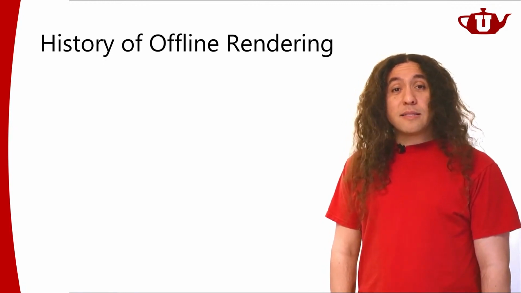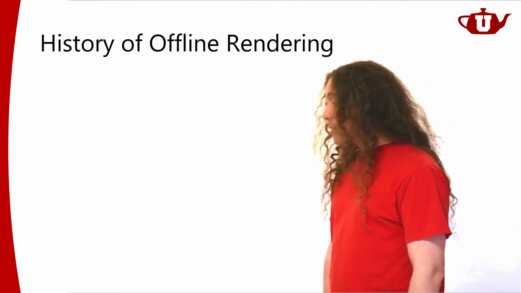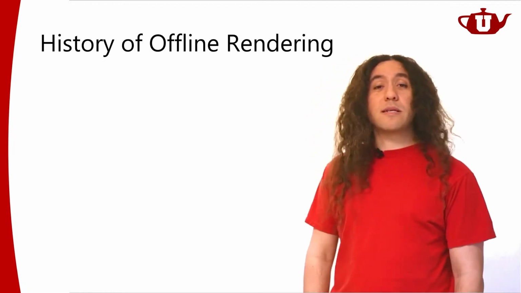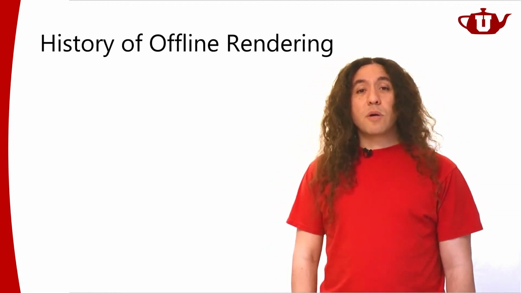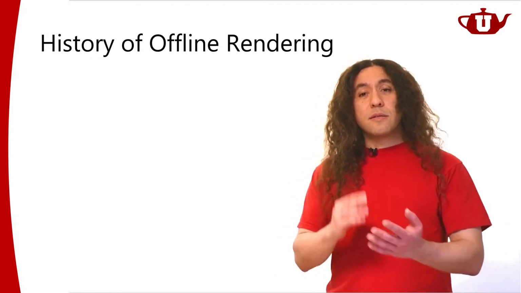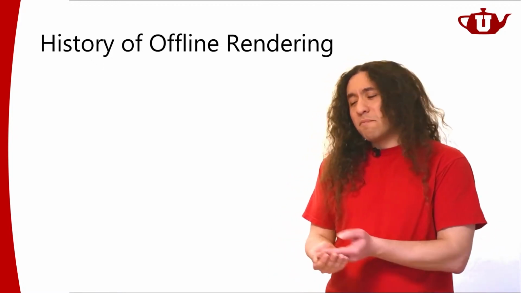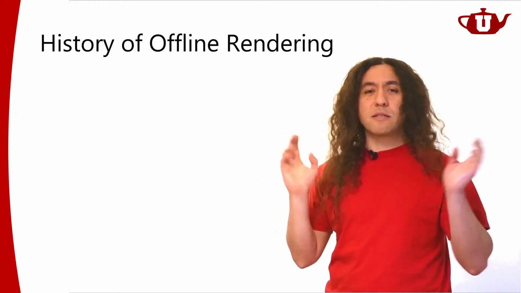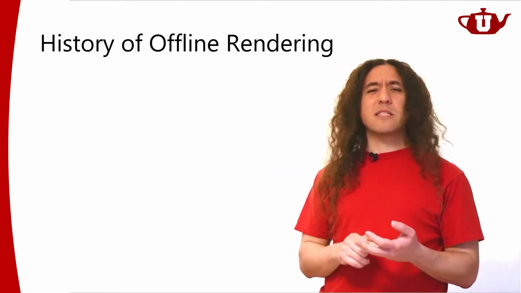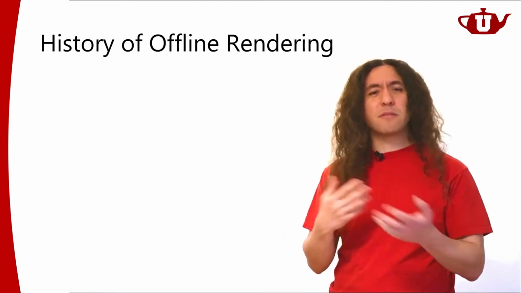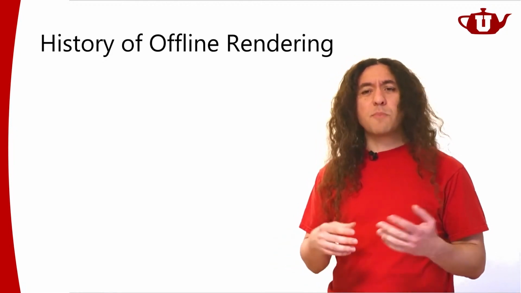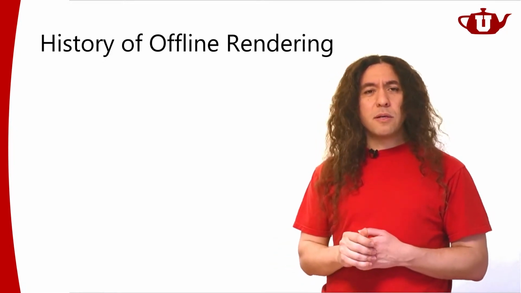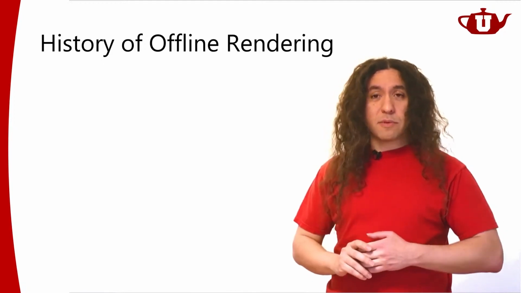So in offline rendering in the past, ray tracing was in a similar state. In early days, we weren't using ray tracing at all with offline rendering. Everything was just rasterization. It was not Z-buffer rasterization necessarily. We were using A-buffer, because A-buffer could do transparency quite a bit better than Z-buffer. So it had that advantage.